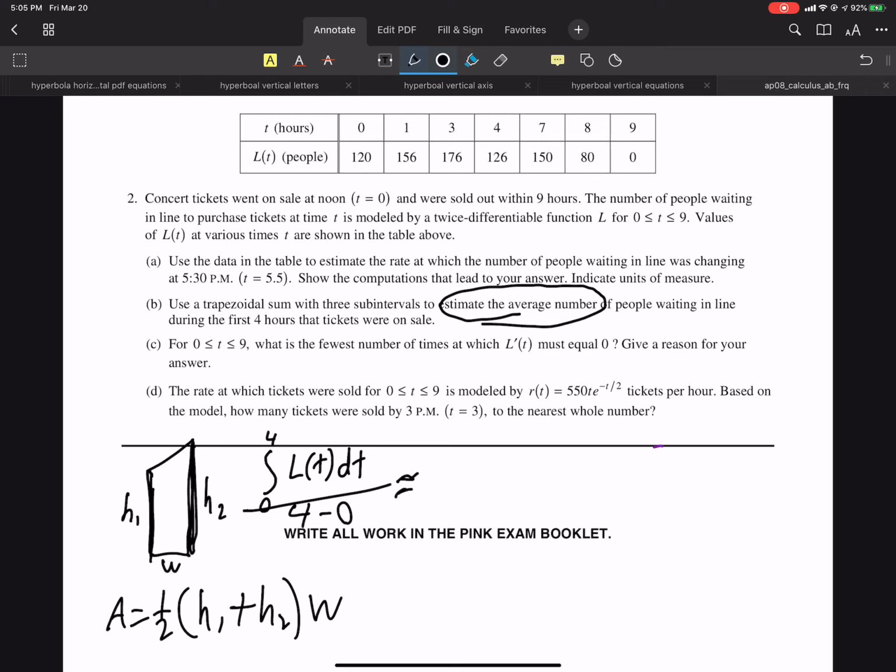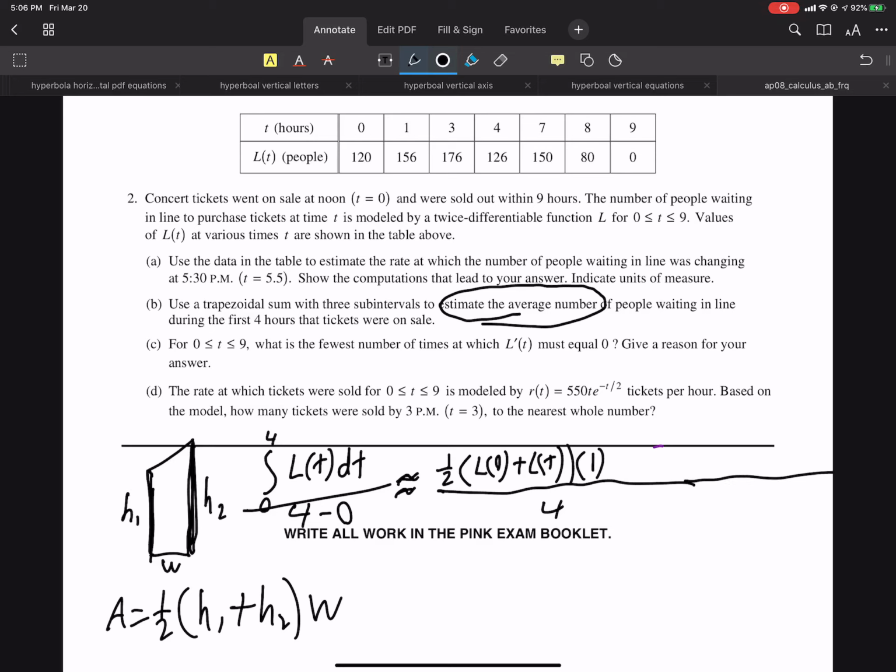Since we're doing a trapezoid approximation, I use a squiggly. So use the formula. 1/2, H1 and H2 are going to be L of 0 and L of 1. And the width between the first two is going to be 1.